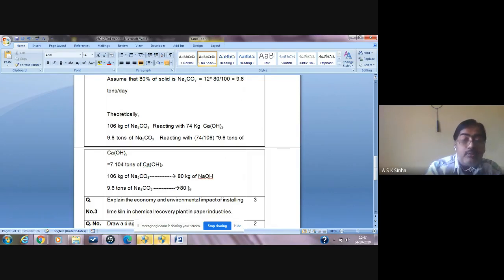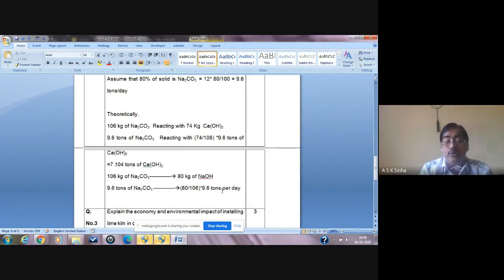It will be 80 divided by 106, take it into bracket here and then multiply it by 9.6. This much is the quantity in tons, and again all the calculations are per day, so it will be tons per day. Right, so you can calculate the amount here. It will be 80 upon 106 multiplied by 9.6 tons per day. You can get the quantity here.